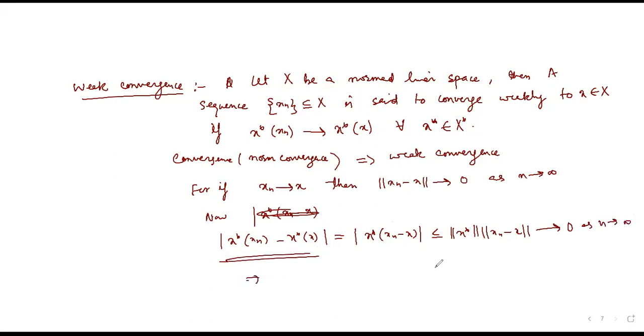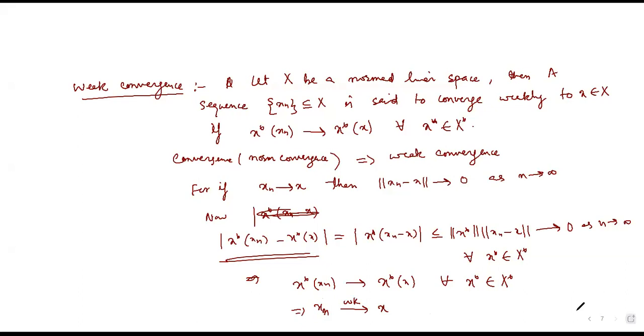So this is true for all x star belonging to x star. तो इसका मतलब हुआ x star at xn converges to x star at x for all x star belonging to x star, which means that xn converges to x weakly. इसको बोलते हैं वीक, इसको ऊपर थोड़ा सा हम wk लिखते हैं, so इसका मतलब ये कन्वर्ज करता है weakly.